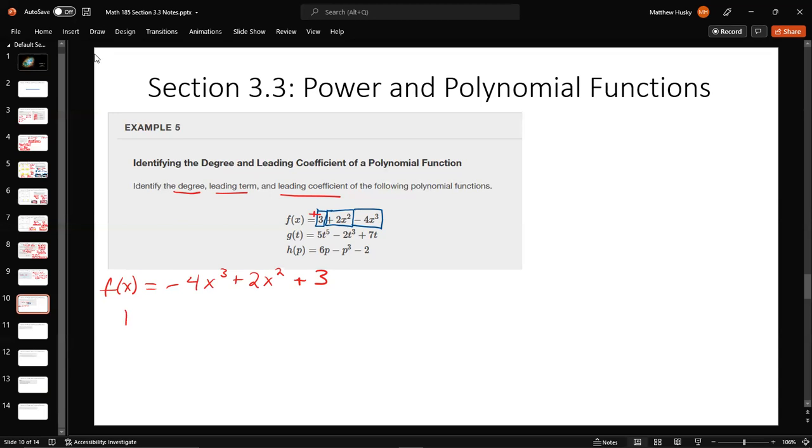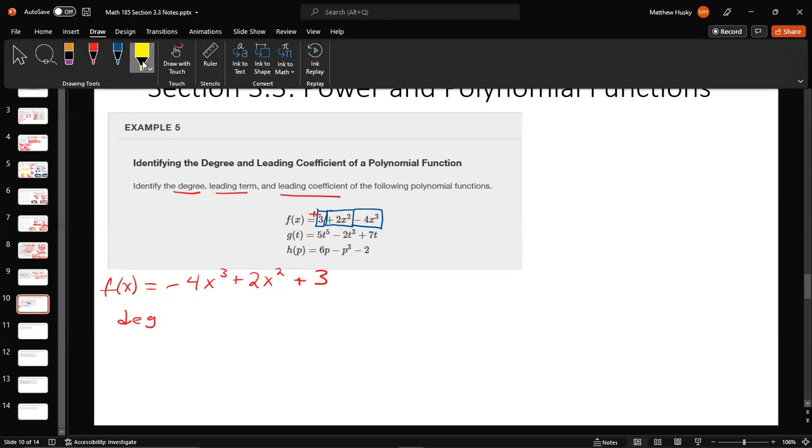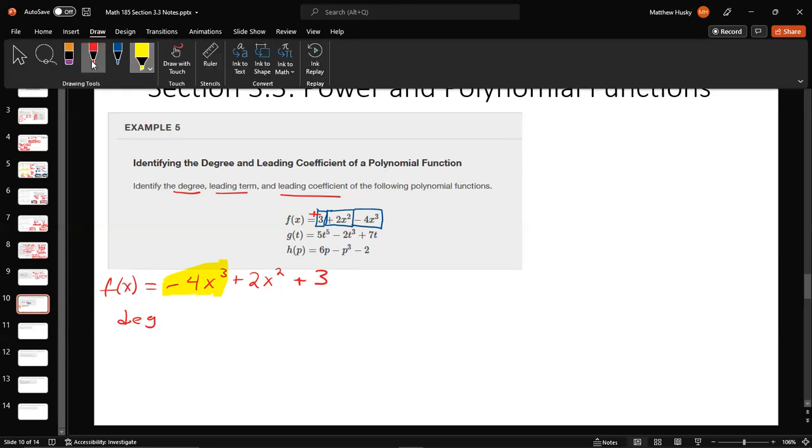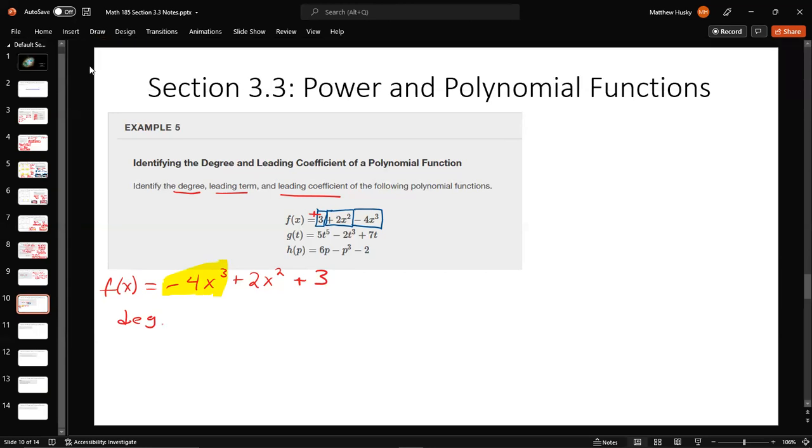So the degree. Once we've got it written in the standard form, pretty much this first chunk is all we really care about. We frankly could care less about everything behind it because we're just going to follow the leader here. So the degree is going to be 3. That's just the highest power of x.